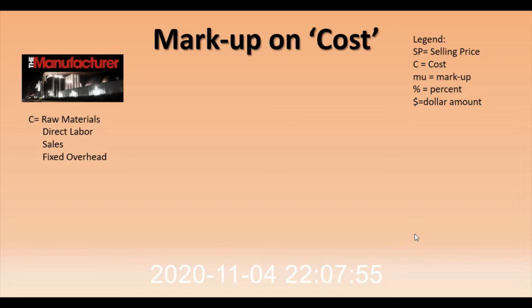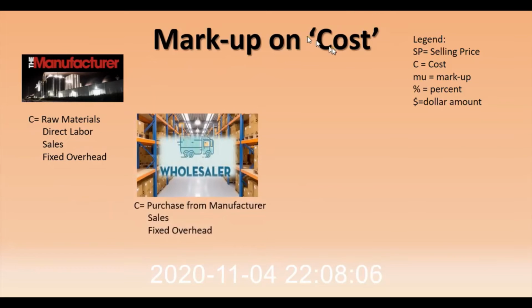So the manufacturer, if they know all their costs, may say, I want to mark up based on all my costs when I sell to the wholesaler. Okay? So I may have a certain percentage markup on cost, or MUC, so that I say, I might want a 30% markup on all of my costs when I sell to my wholesaler.